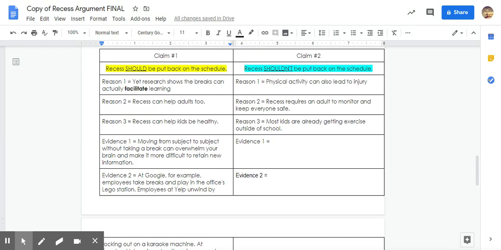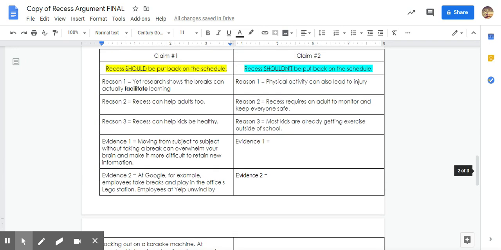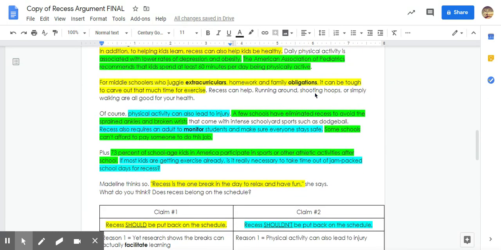All right, so I've got 3 reasons, and I have 3 pieces of evidence which back up and support and help to explain those reasons. Now I'm going to hop over to the other side where it says recess shouldn't be put back on the schedule. And my first reason says physical activity can lead to injury. So if I go back up here, here's where I highlighted that.